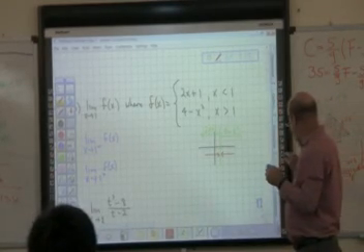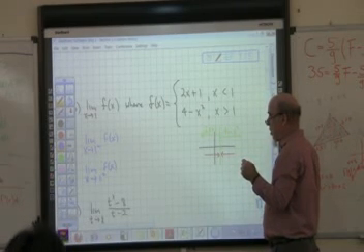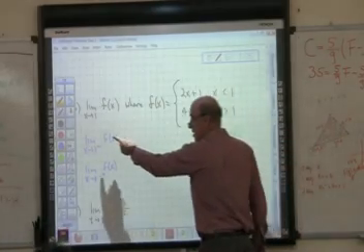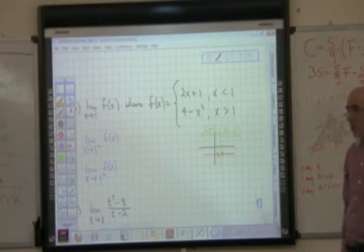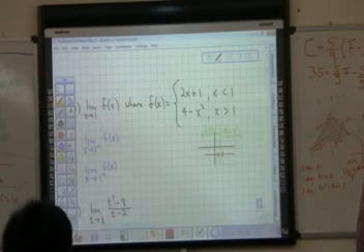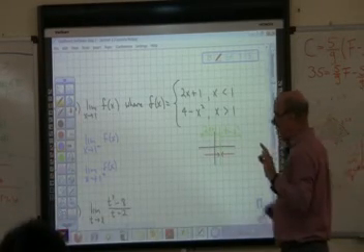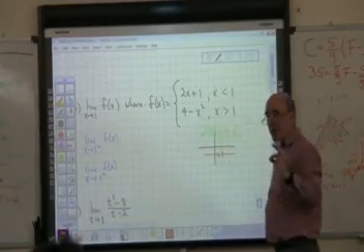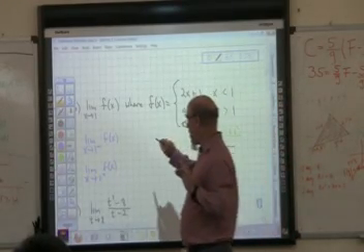So when I do my direct substitution into 2x plus 1, when I ask myself, what is the limit as x is approaching 1 from the negative side? Don't get confused, it's not approaching negative 1. It's approaching 1 from the negative side. I put a 1 into 2x plus 1, and I get out a 3.